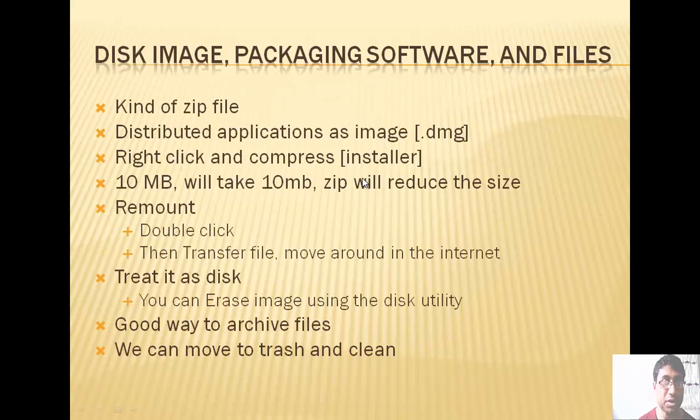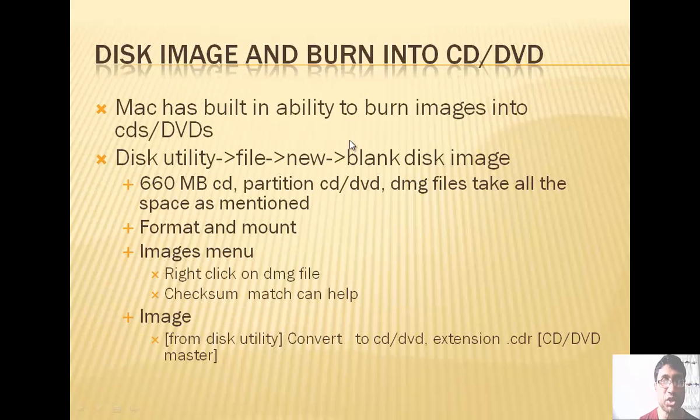Okay, and another thing, using this disk image file, you can also make your life easier to write stuff onto CDs or DVDs. So you have to create an image file, but in that case, when you create the blank disk image, you can specify the type of the image you want to create.